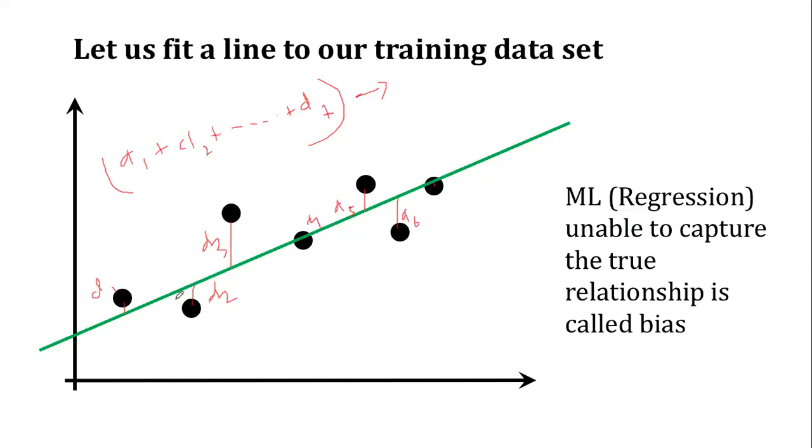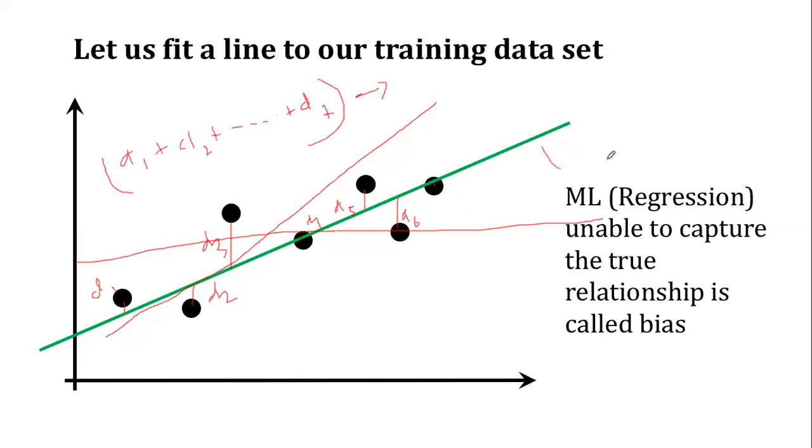Because we can fit different lines, there are a number of lines that we can fit, but the line that gives the lowest distance is called the best fit line.